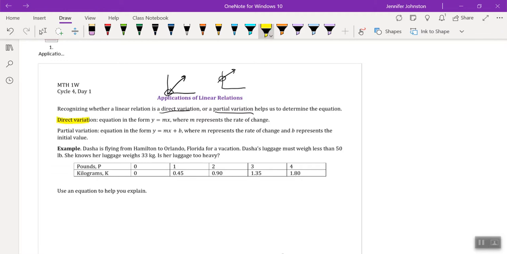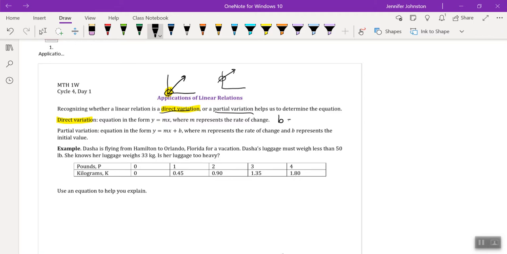So here we have direct variation in the form y equals mx, so we can see that there's no initial value, there's only a rate of change, where m is the rate of change, x is whatever we're listing as our independent variable along the bottom, and y is whatever we're listing as our dependent variable.